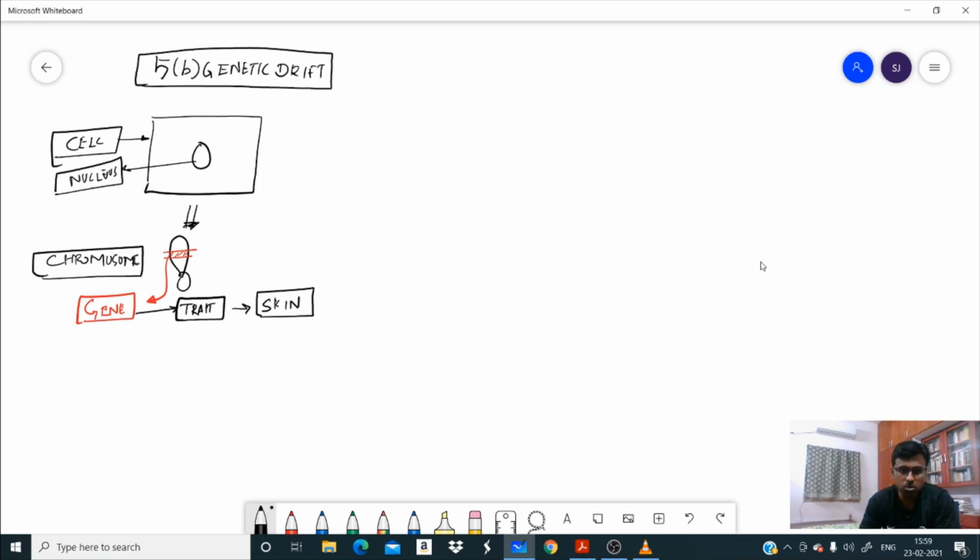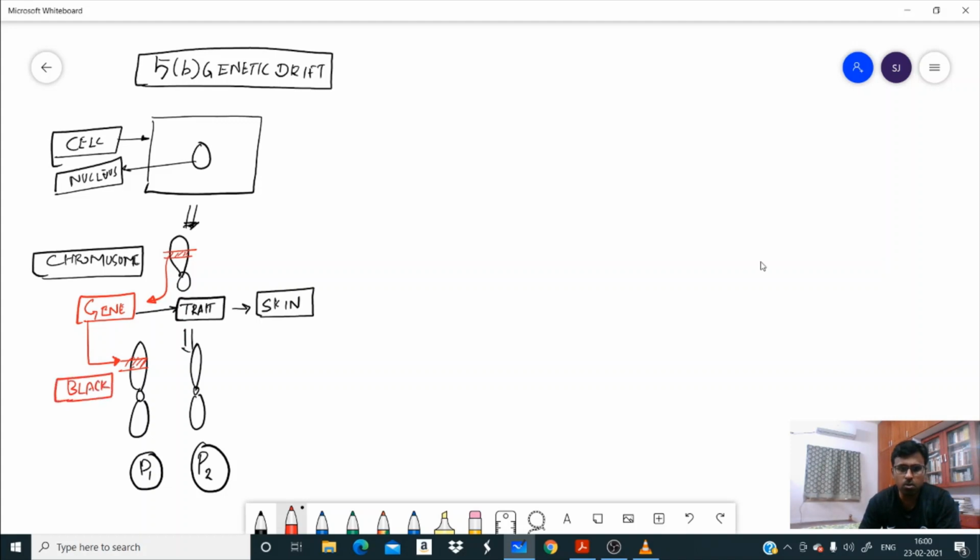But as you should know, in a population, black is not the only skin color. Rather, there are many varieties of color. So I will assume that there is a population in which this gene is present, and it codes for black.